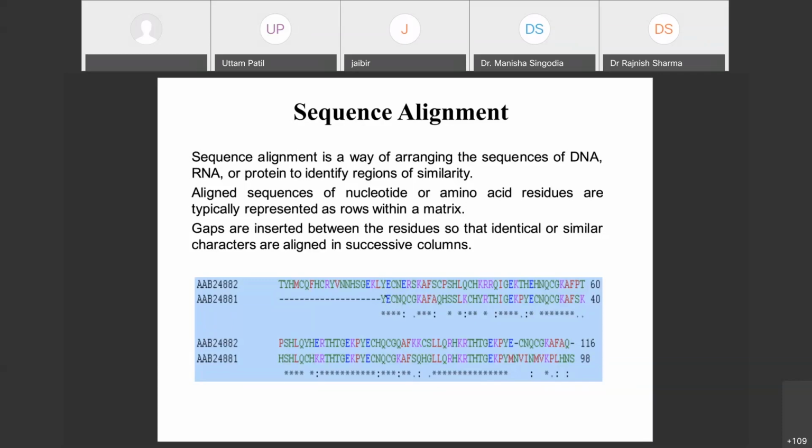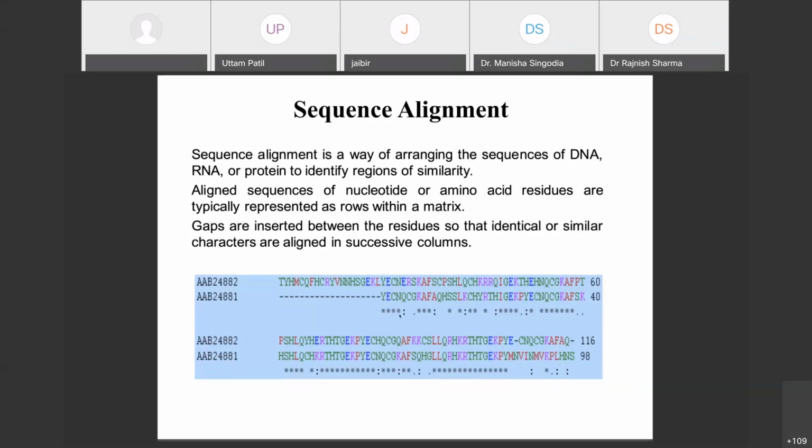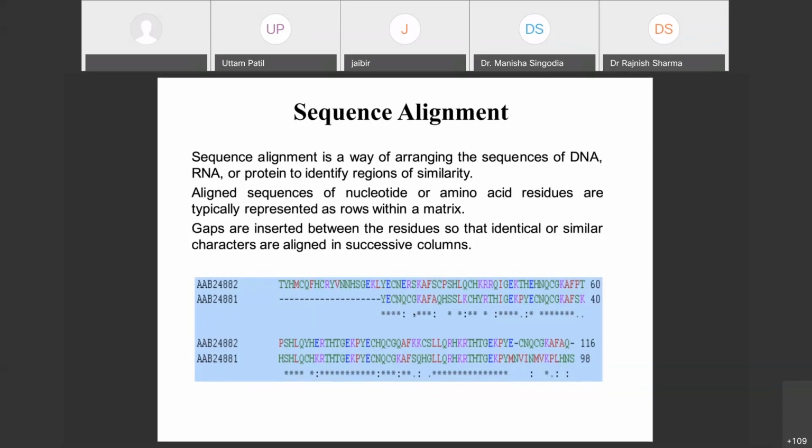So these four residues are identical in these two sequences, and therefore you see there are four stars. If the residue is not similar, then you will see a kind of blank, and if they are somewhat similar, you will see two dots, which shows there is some similarity.